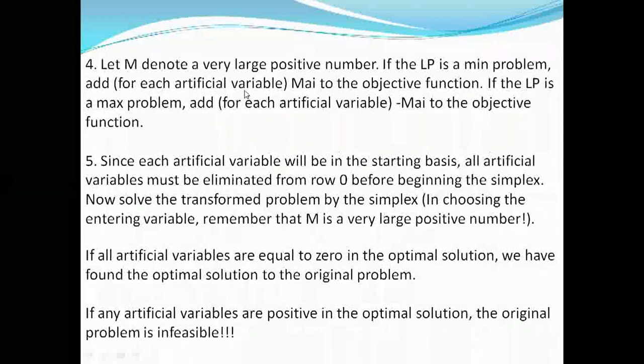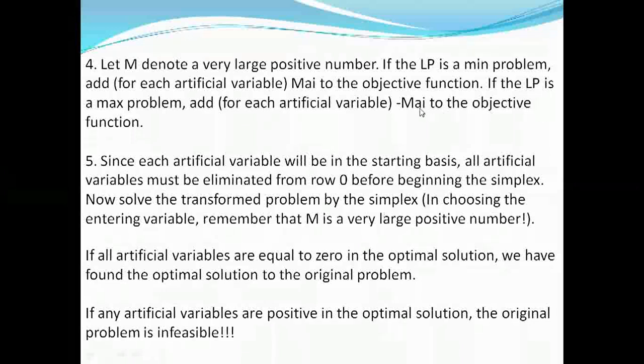If the problem is a minimum problem, we can add a large positive number, which exists within the given problem, and it will be added with respect to the artificial variable that we took in step 3, and this objective function is multiplied by both this large positive number M and the artificial variable Ai.